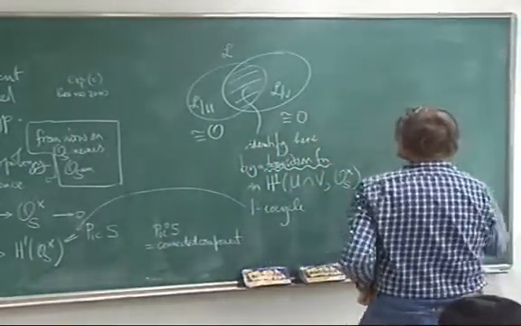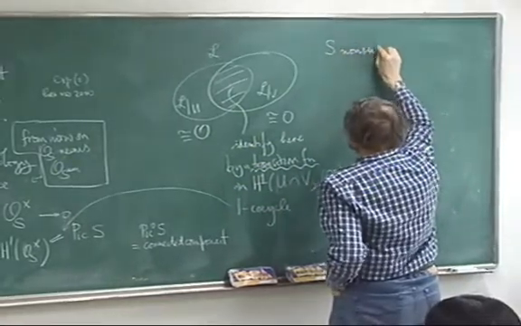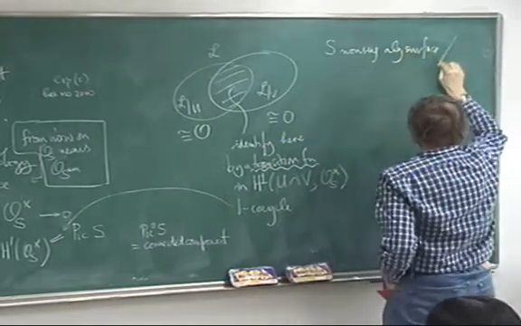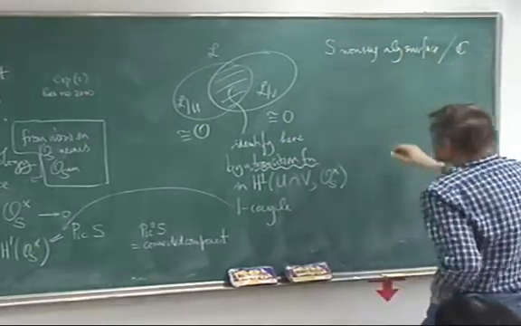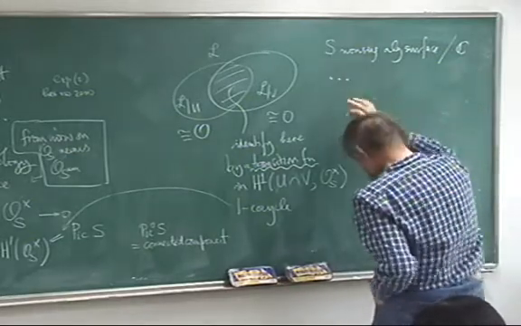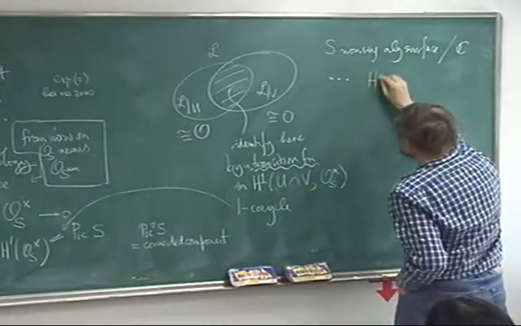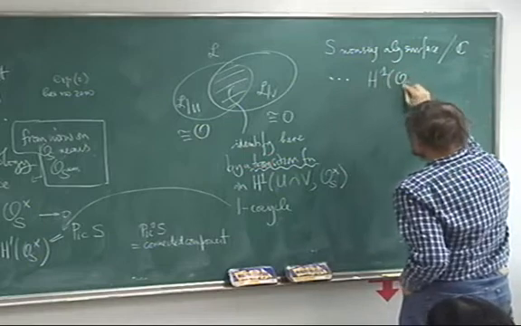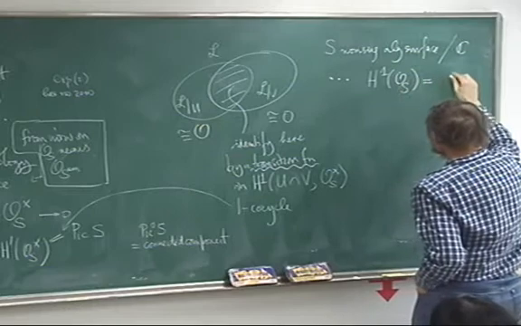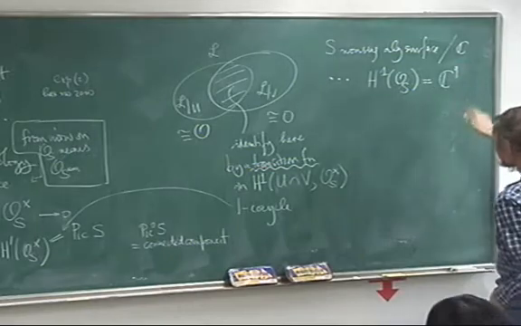So now, S is a non-singular algebraic surface in characteristic 0, and so it follows that, it is known, this is Hodge theory and so on, I don't really want to go into it, H1 of O_S is this vector space C to the dimension q. q is the irregularity.